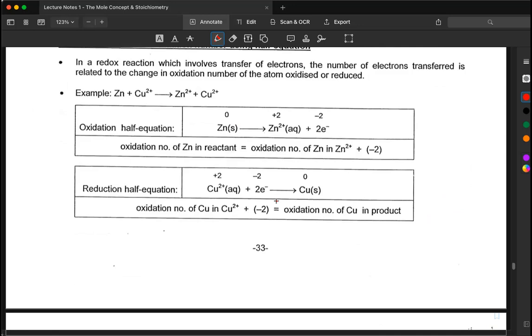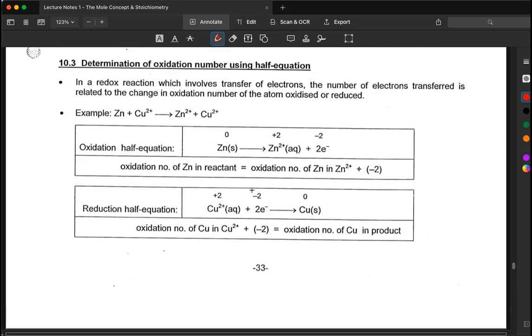So the oxidation number of zinc in the reactant is equal to the oxidation number of zinc in zinc 2+. It's related. Oxidation number of copper in copper 2+ plus minus 2 gives you oxidation number of the copper in product. You can add like that, you know what I mean? It's the sum of the oxidation number.